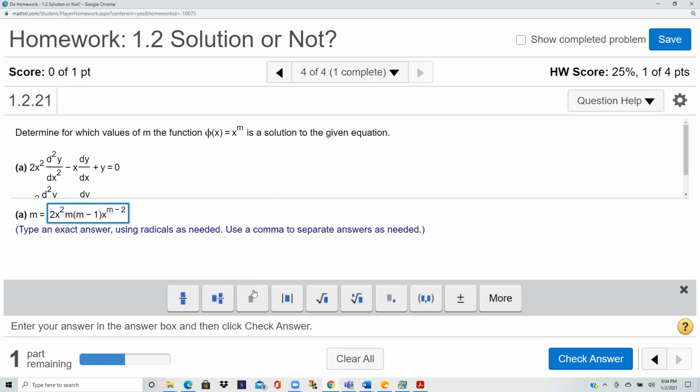And then you have minus x times the first derivative, and the first derivative was m times x to the power m minus 1. And then you have a plus y, and y was x to the m.